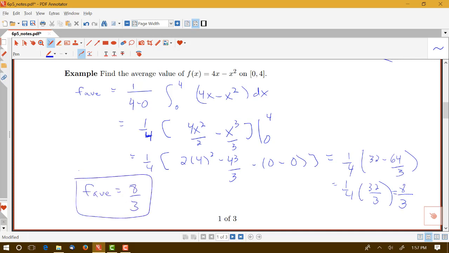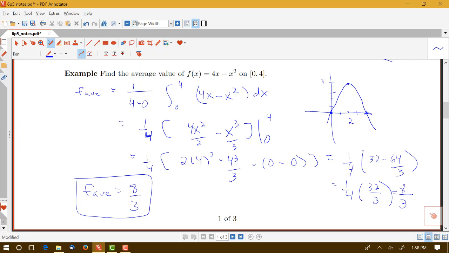Let's just get one picture to go along with this. What does our function actually look like here? Well, this is an upside down parabola with intercepts at 0 and 4, and the maximum occurring at 2. So we have a parabola looking something like this.